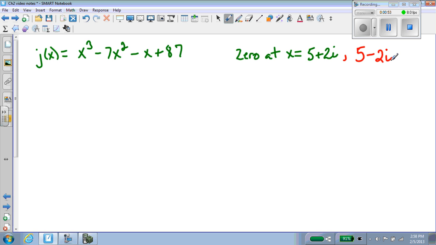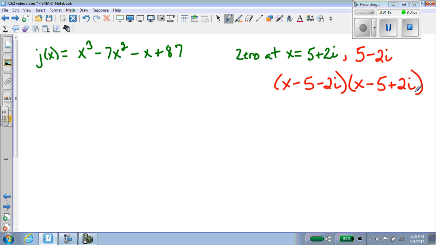I'm going to suggest turning them into factors. So x minus 5 minus 2i and x minus 5 plus 2i. Multiplying those out, doing one long division, and getting the remaining 0.